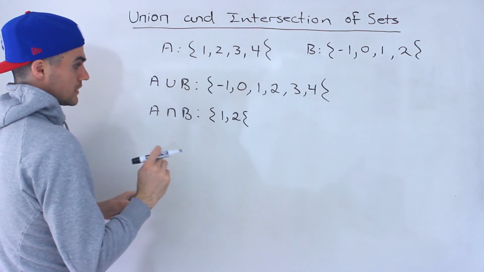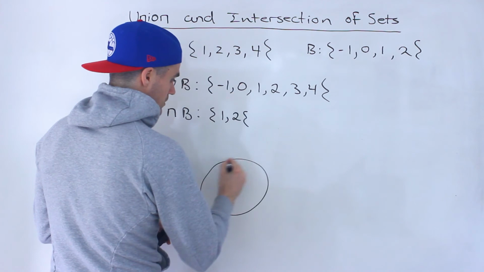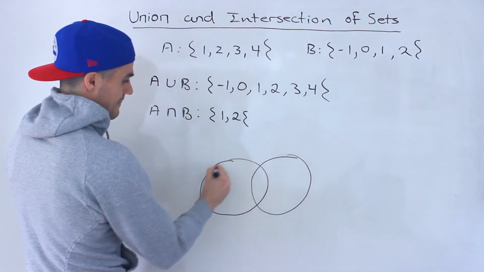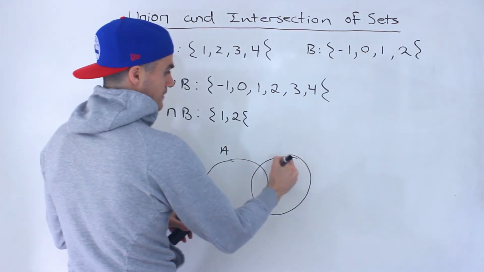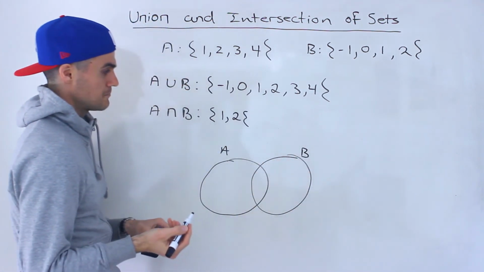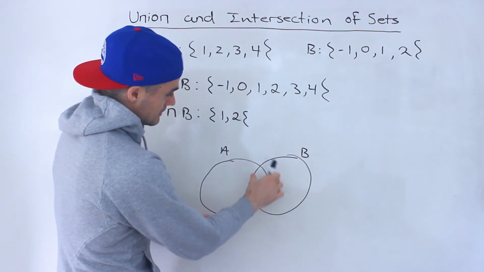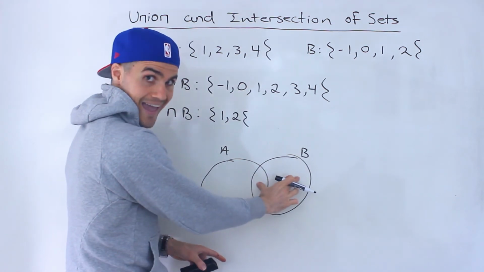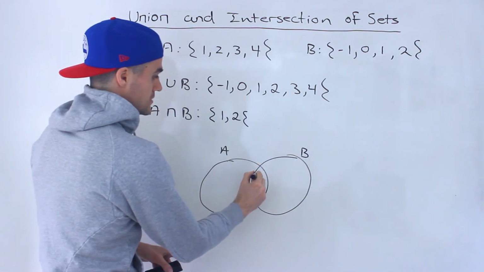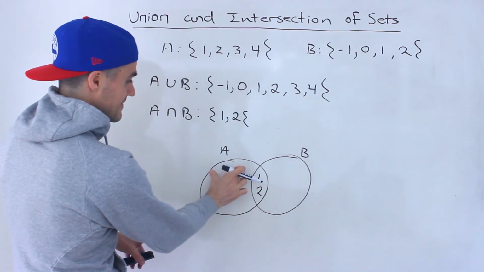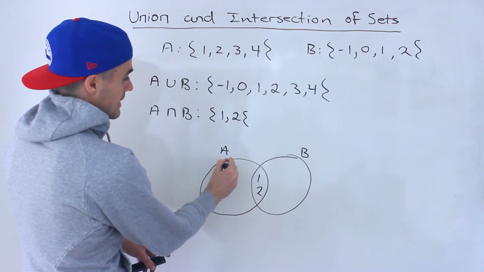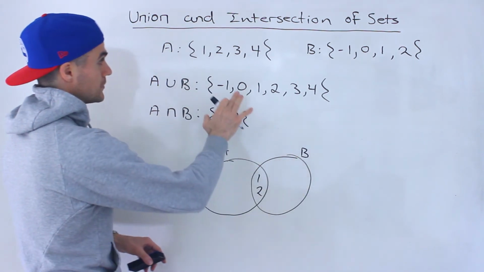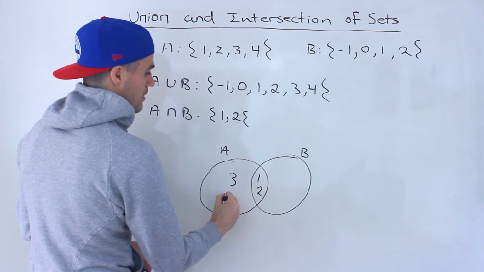You can also show this visually. A popular way to show this is with an intersection here. Let's say that this circle here is set A, and this circle here is set B. Notice that the intersection of both of these is this space right here. It's in both A and in B. And that's going to be these two elements, 1 and 2. This area here is the elements that are in A, but not in B. What elements are those? 3 and 4.